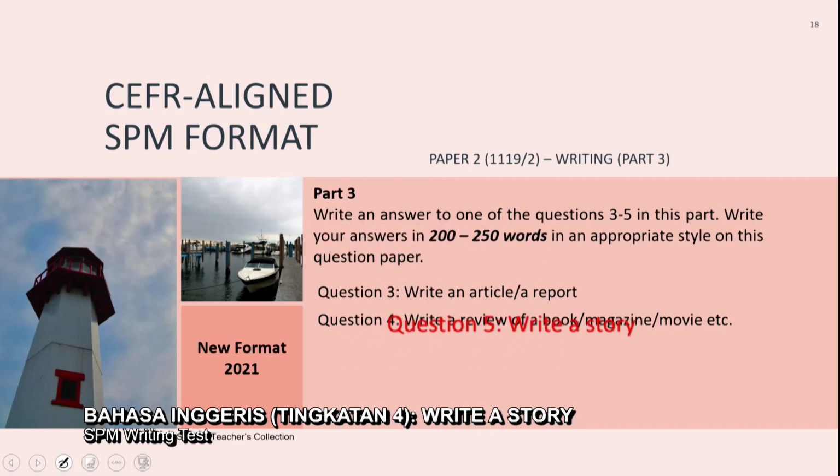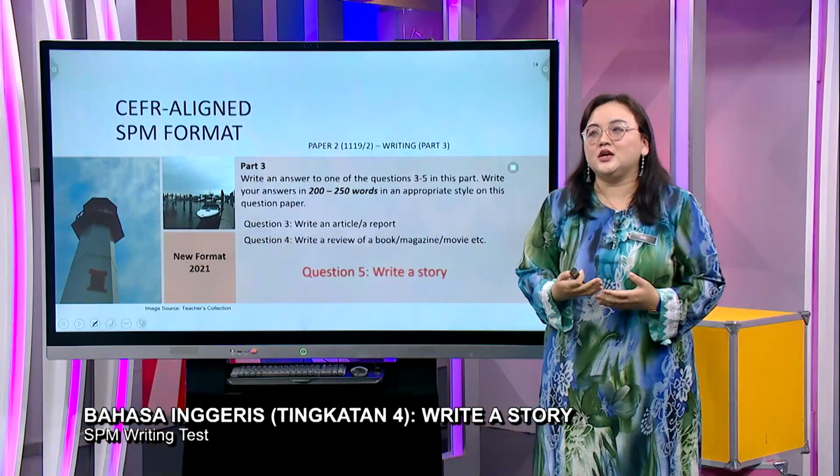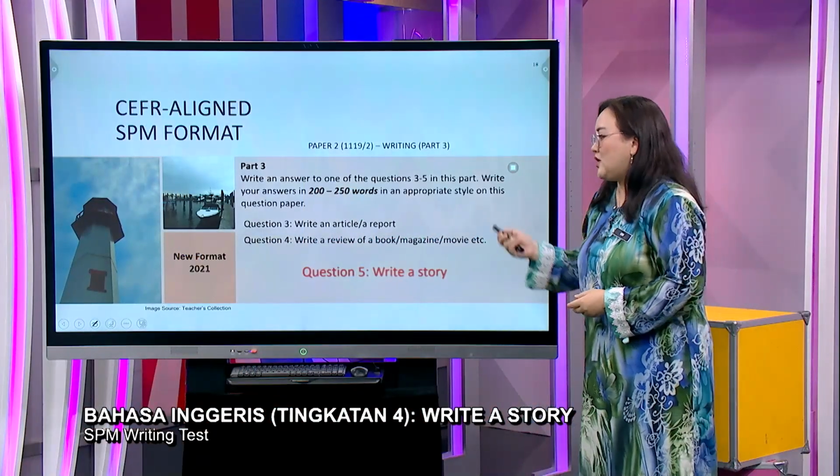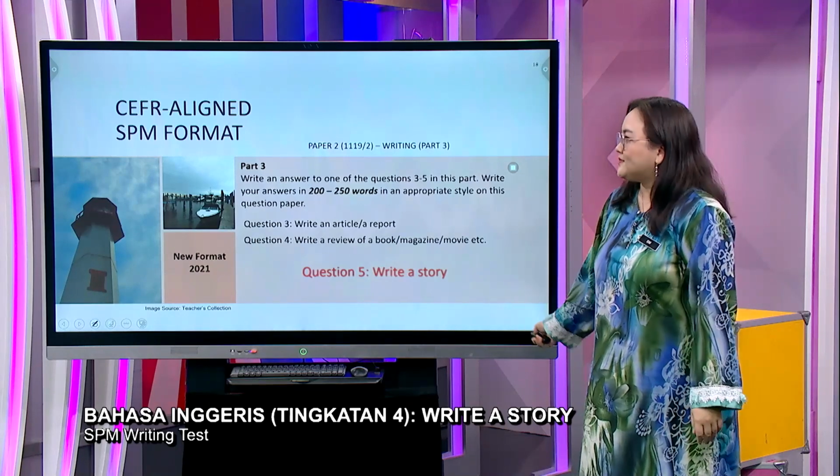And then the last one will be a story. Sometimes this sequence can be switched, but you just have to know there will be one question that will let you write a story. So our focus today is writing a story.